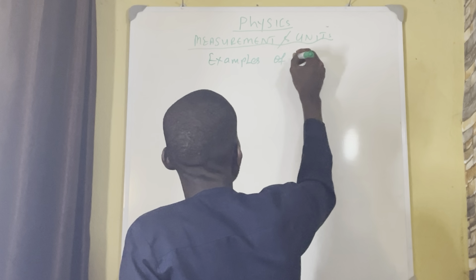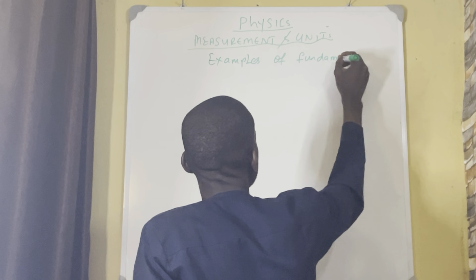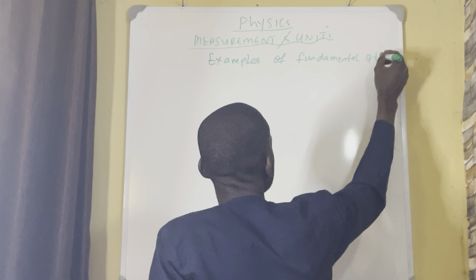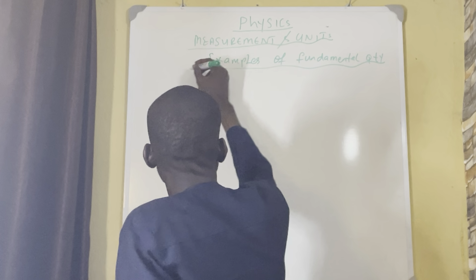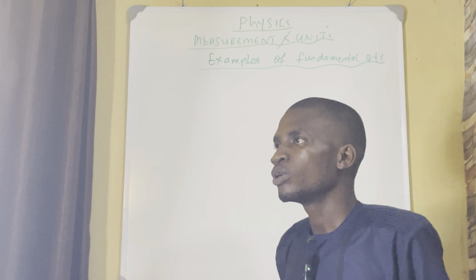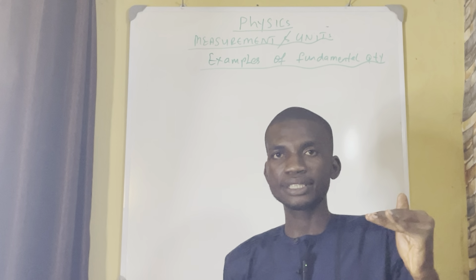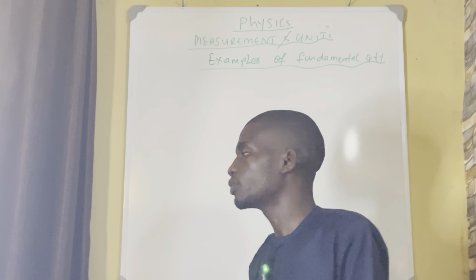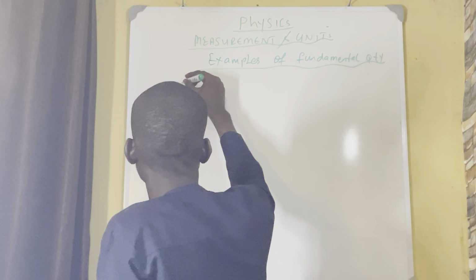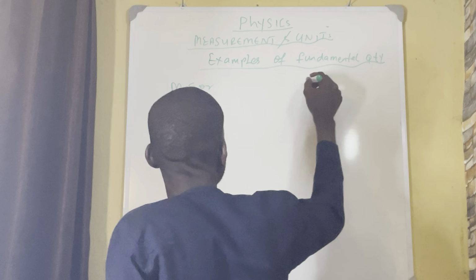Examples of fundamental quantity. I want you to know one thing here. They are grouped into two: major examples and minor examples. You understand? Major and minor.